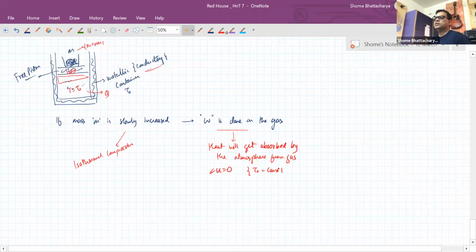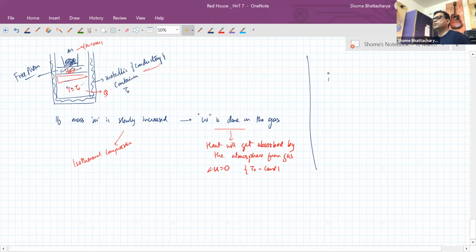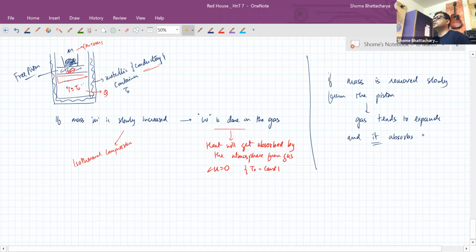Now similarly, if mass is removed slowly from the piston, then the gas will tend to expand, and the gas absorbs heat from the atmosphere around.